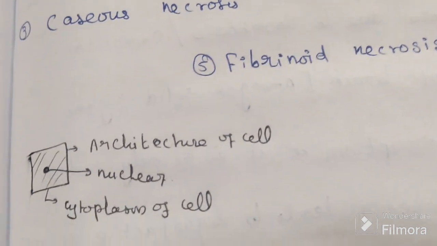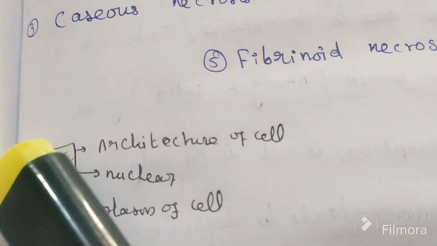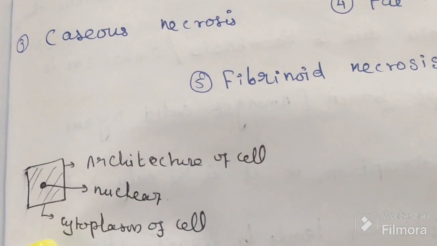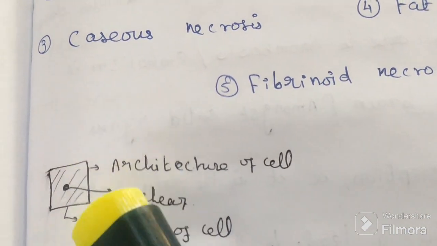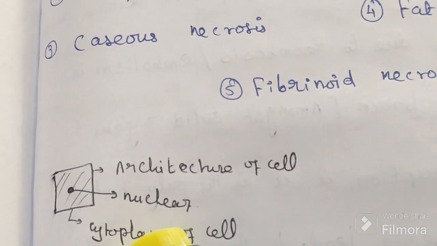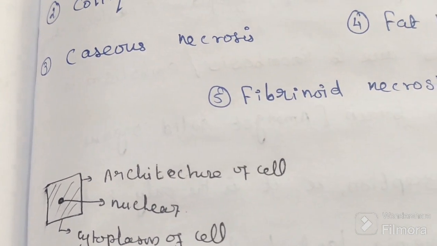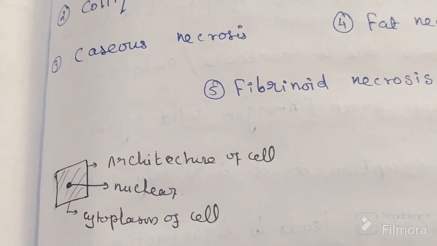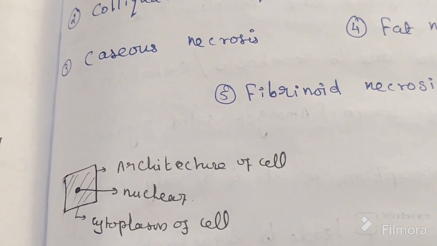This is the outline of the cell. The outline is called the architecture of that cell. Inside, the cytoplasm is present and the nucleus is present. Few cells have pink, blue or white color.